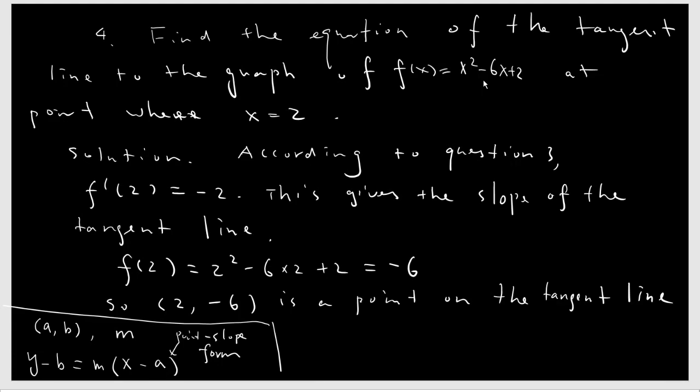So the equation of the tangent line: y minus negative 6, which is y plus 6, equals the slope negative 2 times x minus the x-coordinate of the point, which is 2.